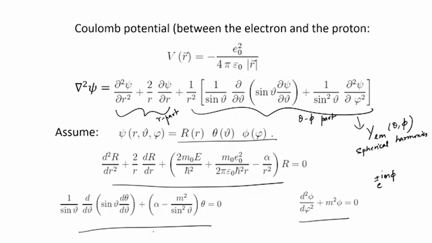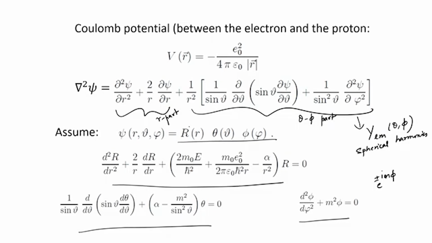These are the P L functions or the Legendre polynomials, which come out as solutions for the theta part, and what we get is the Laguerre polynomials for the r part. So, now the r part is in terms of the Laguerre polynomials.